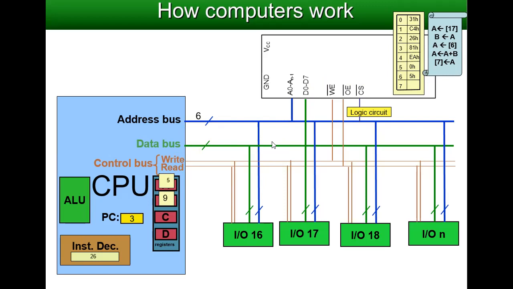Now the program counter has been updated to 3. This 3 moves to the address bus. At address 3 we have 81. This calls 81 in the instruction decoder, and 81 means A plus B. This is the addition operation, which will be performed in the ALU. The program counter is updated to 4, and this 5 and 9 move into the ALU, and addition happens.